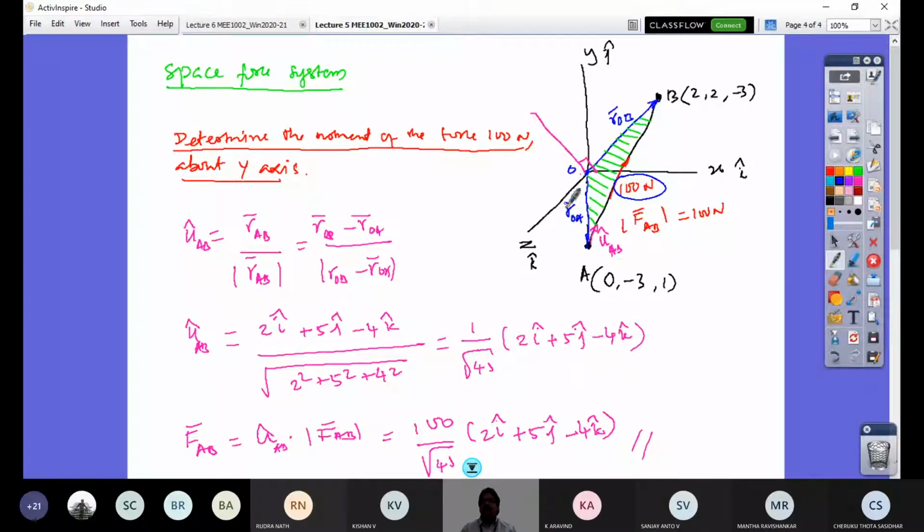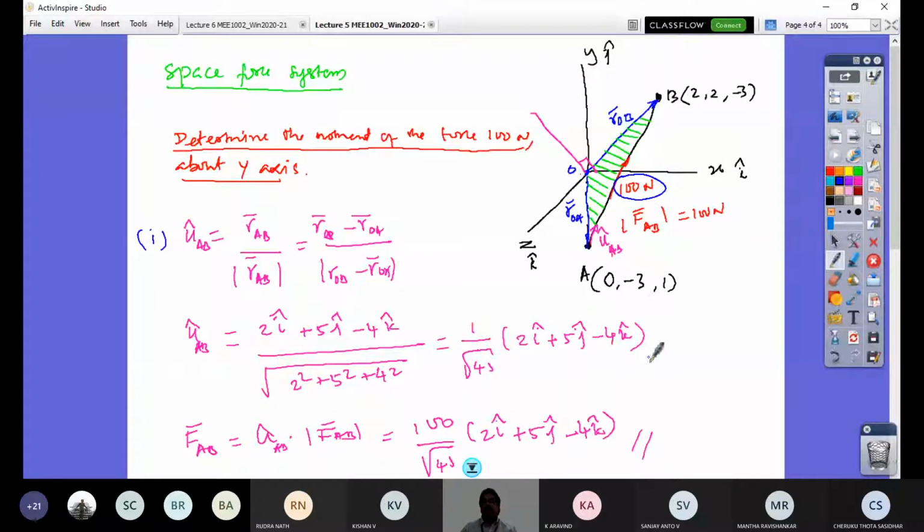For that process, this 100 Newton magnitude we first represented as a Cartesian vector. How do you represent? If you know the unit vector of the line and you multiply that by the magnitude, you get the Cartesian vector form. That's essentially what we did. In the first step, we found the unit vector of line AB, that is RAB by modulus of RAB.